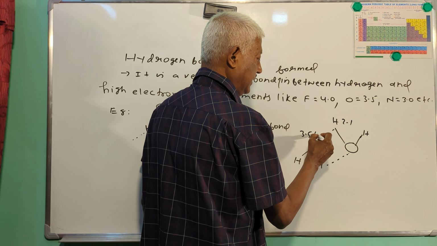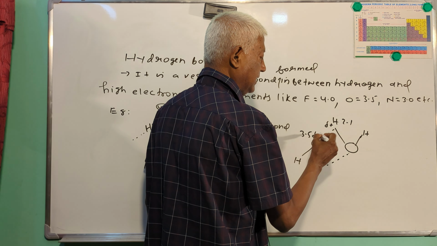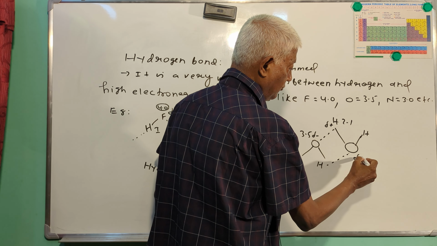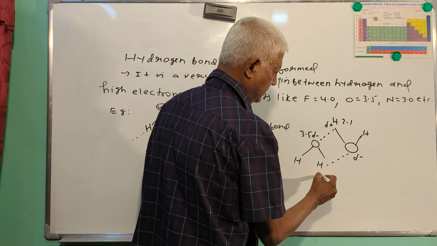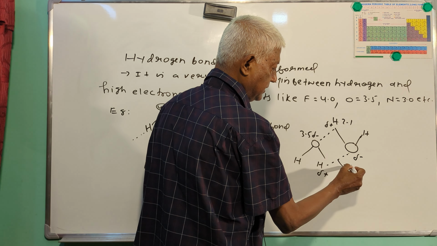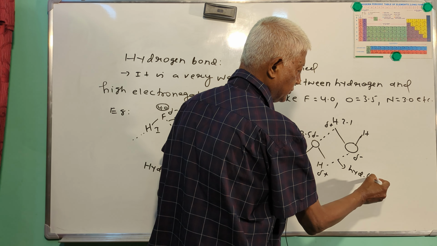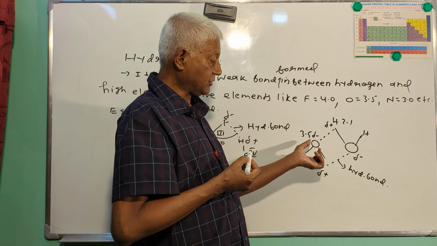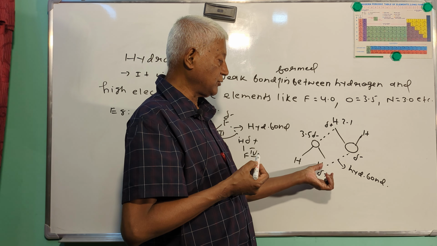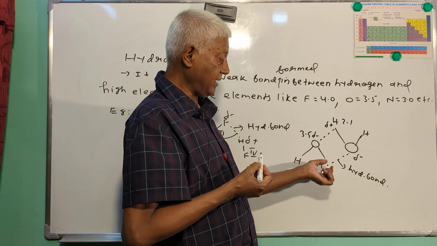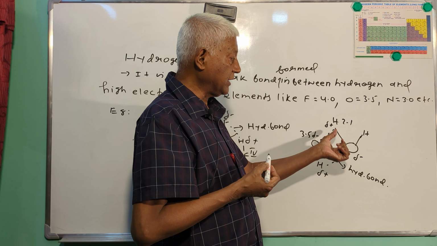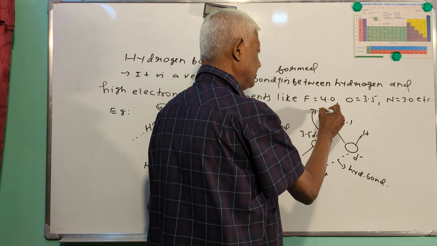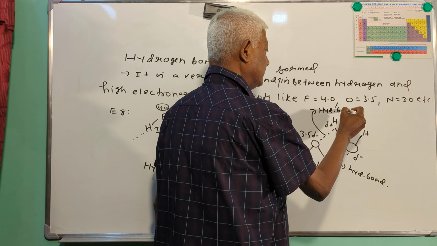Oxygen develops slightly negative charge, hydrogen develops slightly positive charge, and that is hydrogen bond. Why is hydrogen bond formed over here? Due to the electronegativity difference of oxygen and hydrogen being very high, it forms a very weak bond. The dotted line is known as weak bond, that is also known as hydrogen bond.